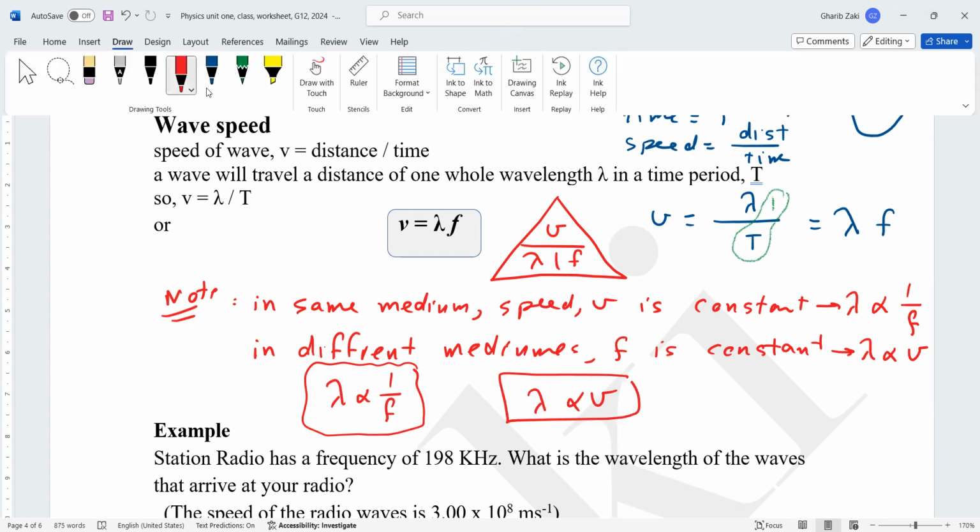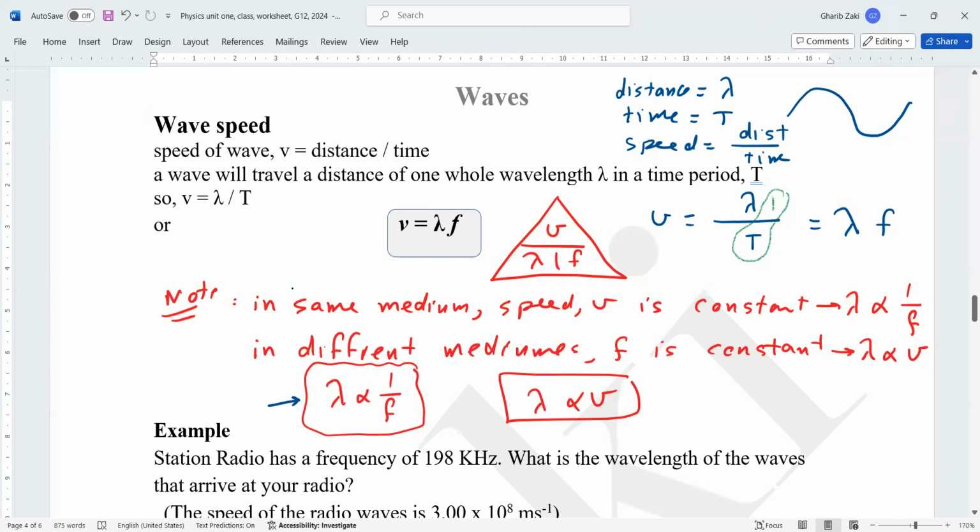It's like the relation in electricity, if you remember, the energies.